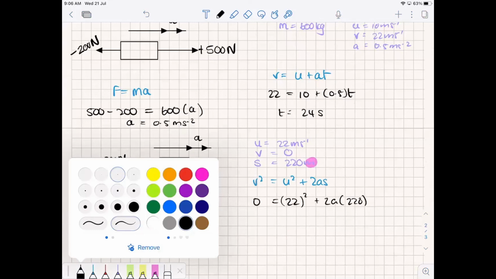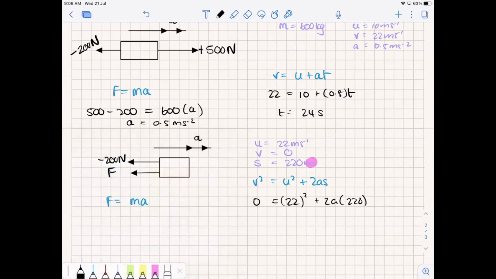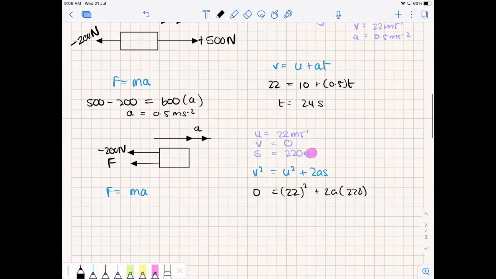If we square that and divide by 440, we get a deceleration of minus 1.1 meters per second squared. And that makes sense. We should get a negative number because deceleration is acceleration in the opposite direction of the direction of travel.